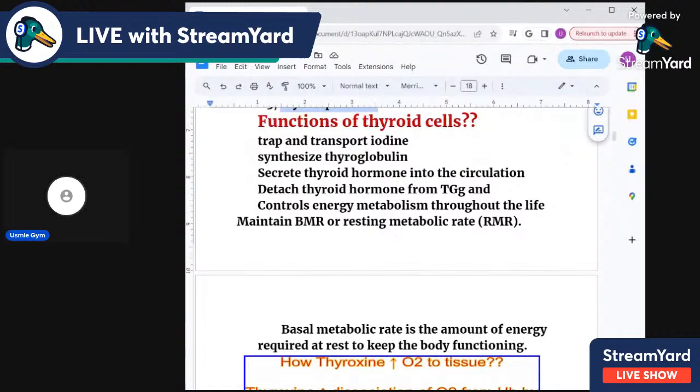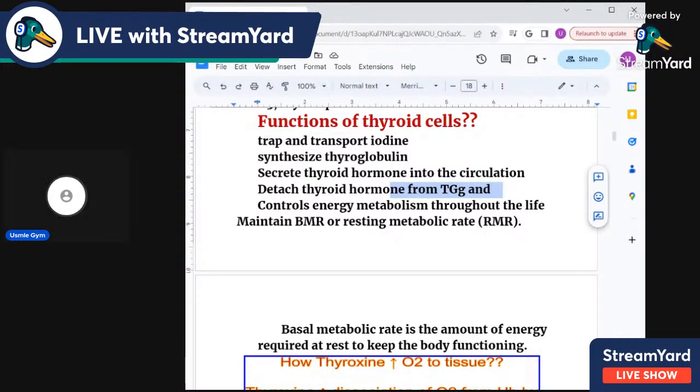Now we come to the functions of the thyroid gland. The thyroid gland traps and transports iodine, synthesizes thyroglobulin, secretes thyroid hormone, and detaches it from thyroglobulin, because when thyroid hormone is produced, it's attached to the thyroglobulin. We'll discuss it in a moment.